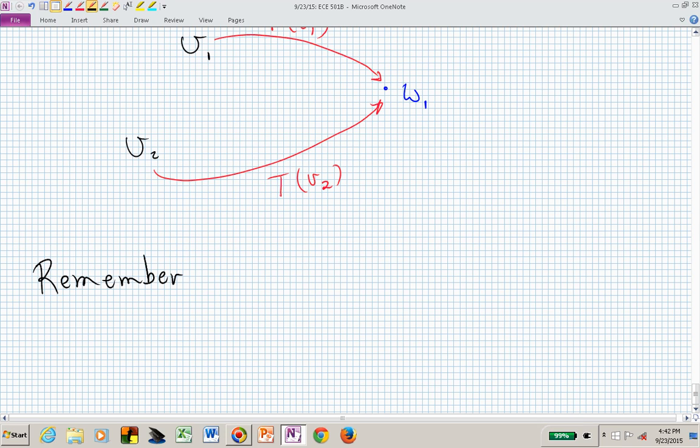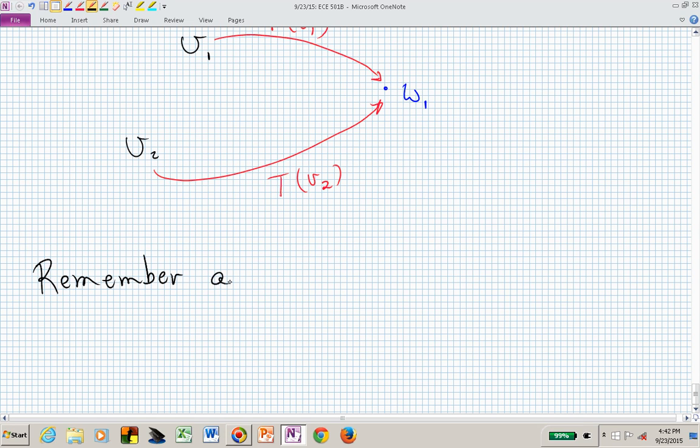Because it's going to be impossible to say, oh, I know that W1 produces V1. Somebody else is going to go, no, that W1 produces V2. How are you going to know? You're not. It's going to be impossible to have an inverse of that linear map T. Why? Because that linear map T was non-injective. It had a non-trivial null space, that linear map T.